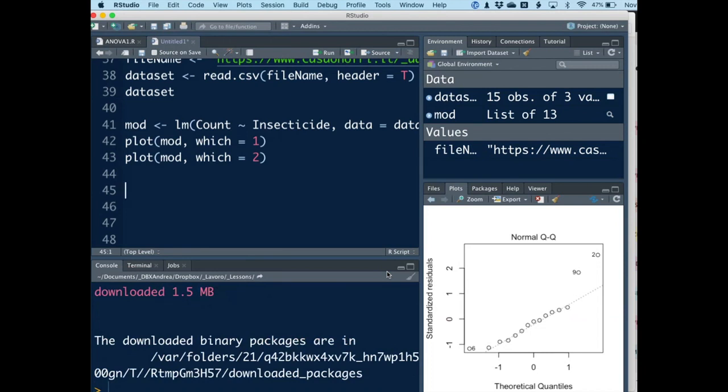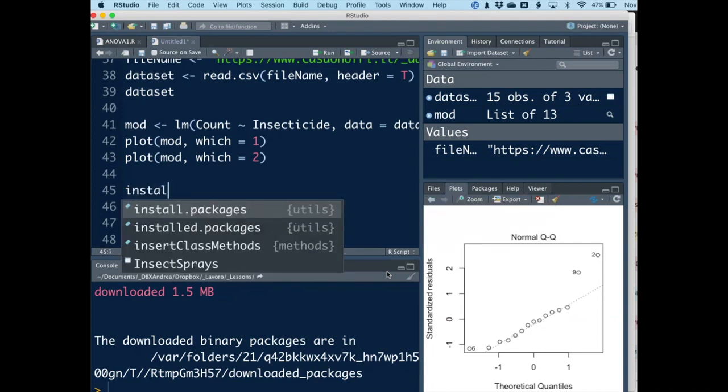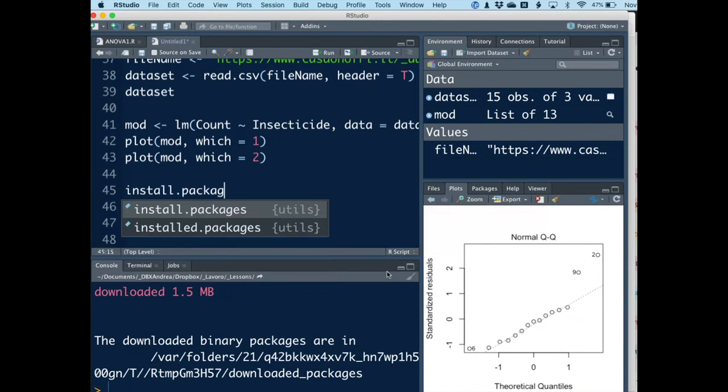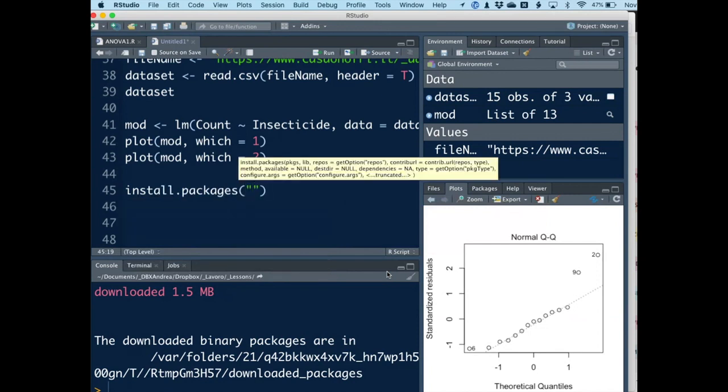The other possibility is simply to use the console to install packages, and car. Here we go. That's exactly the same. I can use either the menu or the console.